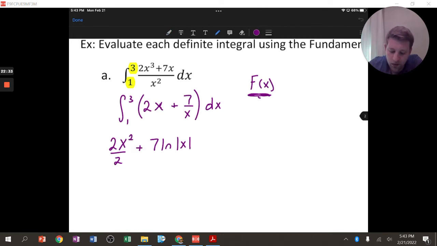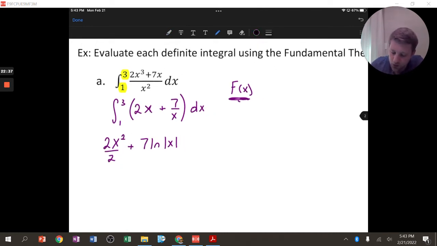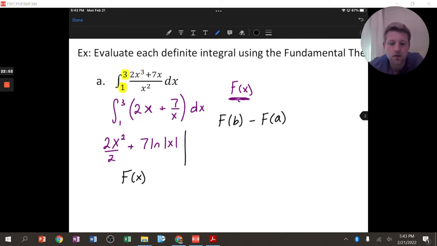Now I'm going to consider evaluating this capital F function now at my two endpoints. So if this is capital F, I'm going to consider the fundamental theorem would say find capital F at your B endpoint, subtract capital F at A. That would be kind of the definition of how I would walk out this integral.